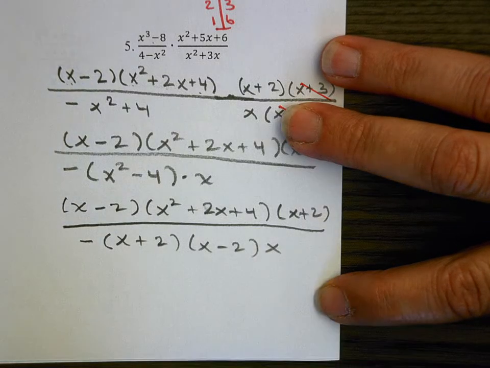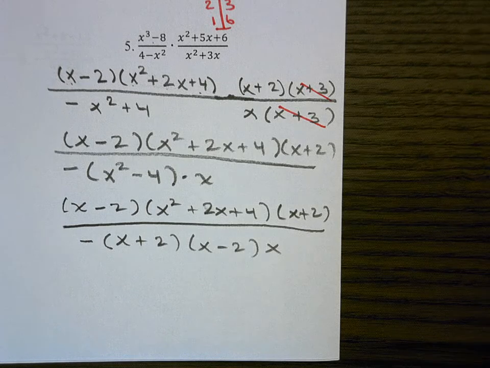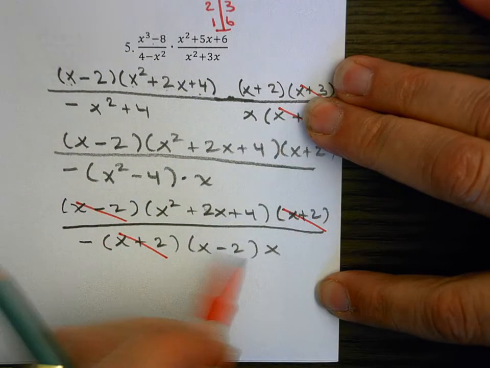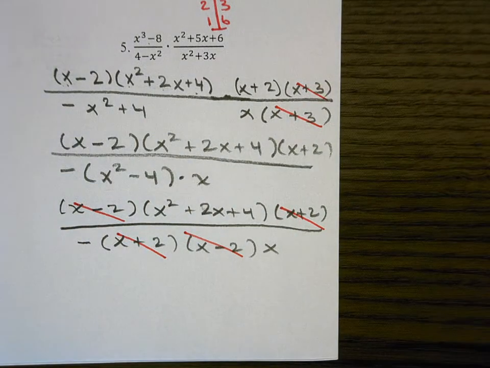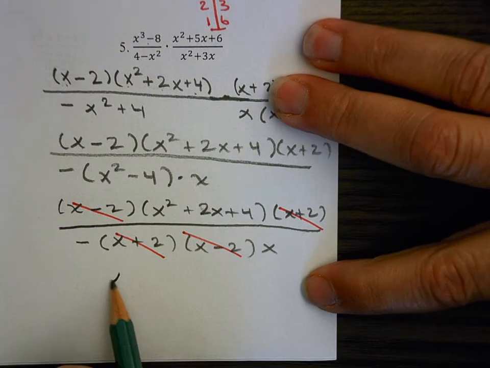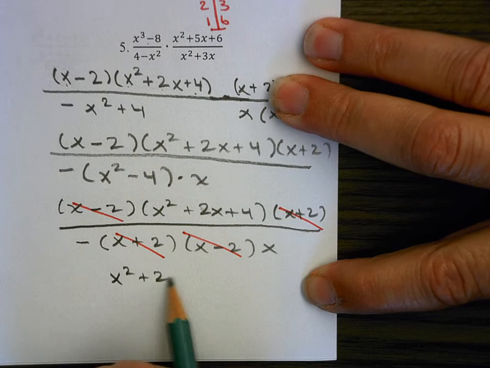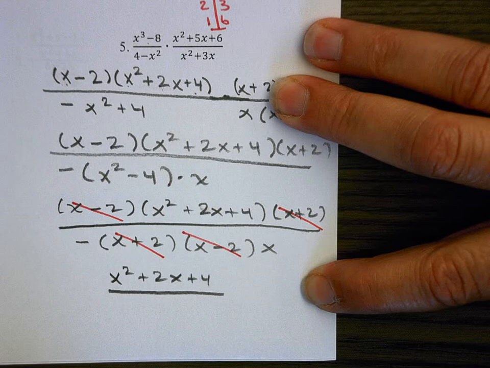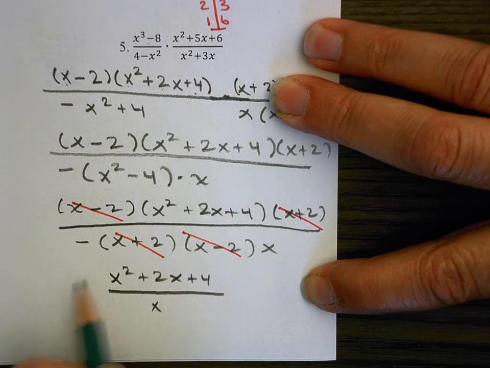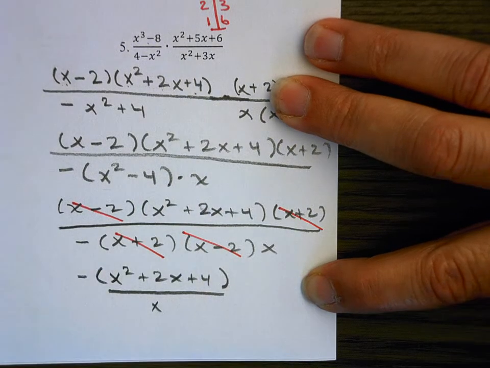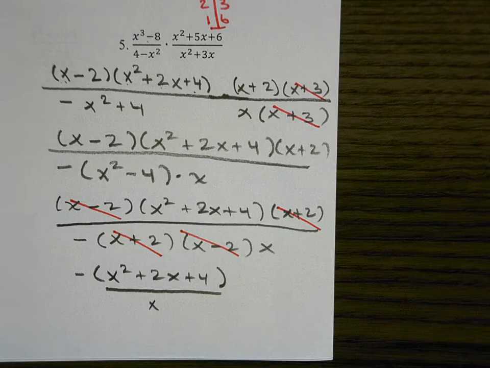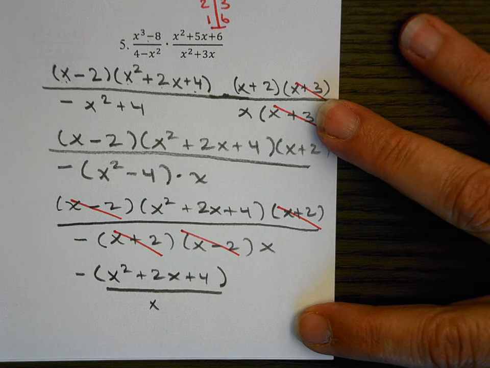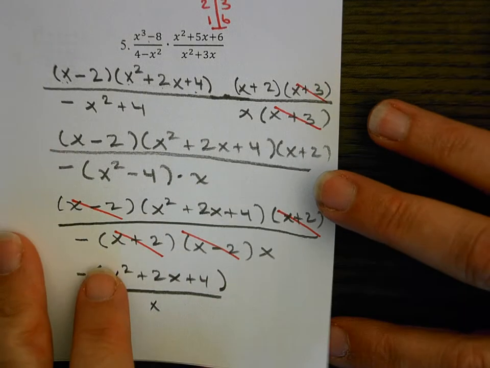So then I can cancel actually quite a bit more, right? So the x plus 2's will cancel, as will the x minus 2. And so then I'm left with, in the numerator, x squared plus 2x plus 4, and then in the denominator that negative x. And typically we like to have the negative sign in the numerator, so I'm just going to move it up to the top. But it would not have been wrong if you had written this as negative x. Okay? All right, so that is the multiplying.